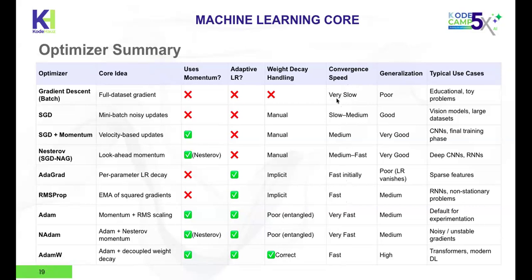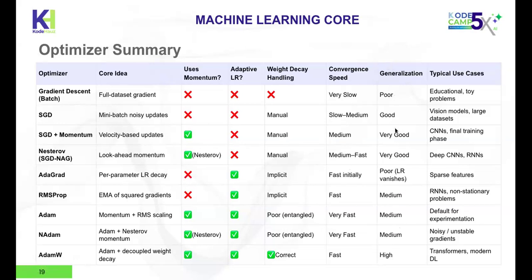The rates are really slow. The gradient descent is really slow because of the computational cost. SGD is slow because it is bouncing around on the loss landscape. SGD momentum improves a bit more because momentum kind of smooths out that bouncing around. And then Nesterov is a better momentum, which is a bit faster.